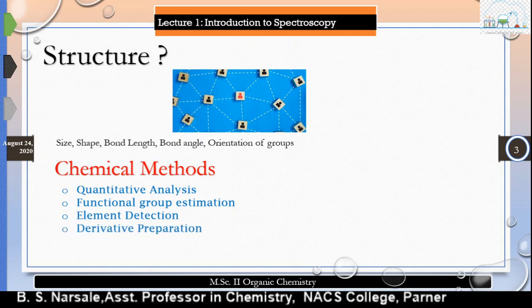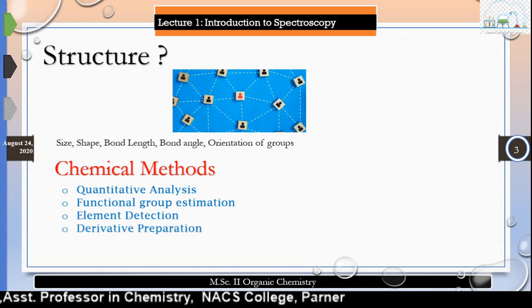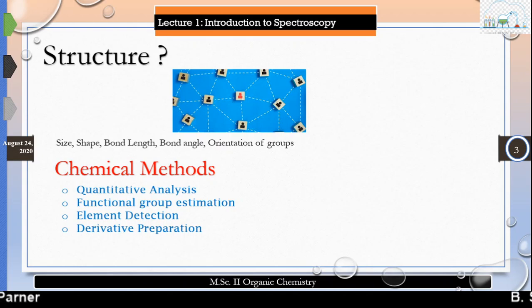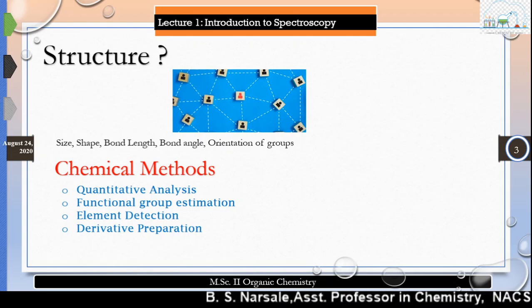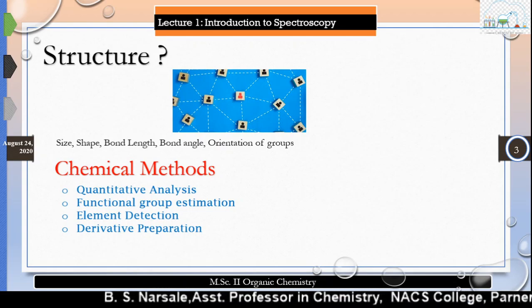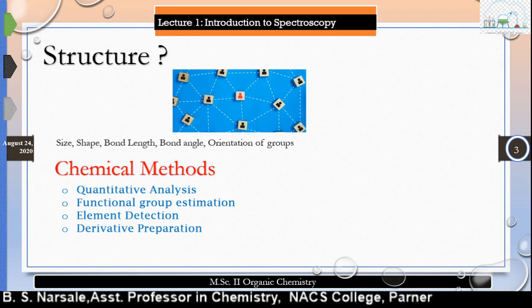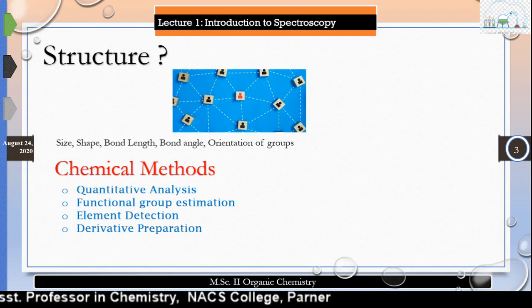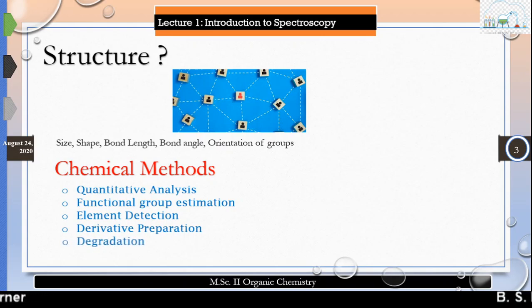Then we also try different preparation methods by doing derivative preparations or oxidation, reduction type of reactions, and all such changes. Then we again have some information about a structure, but we are unable to get a perfect structure.